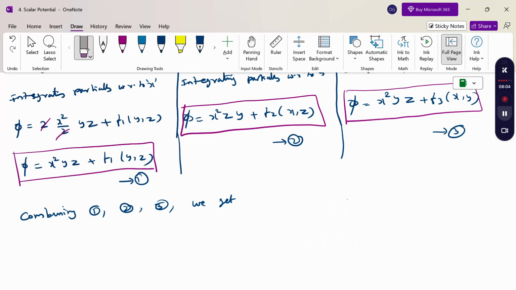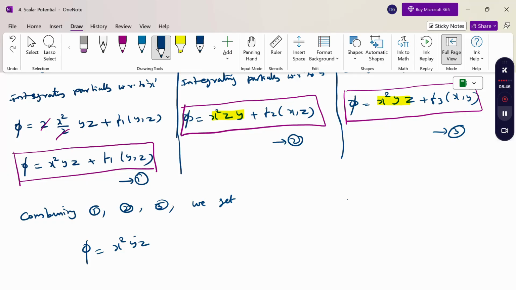Therefore pi equals x square y z. Looking here, again x square y z, again x square y z. So don't write 3 x square y z, because we are not adding the terms, we are combining them. However many times a term is repeated, write it only one time, x square y z.